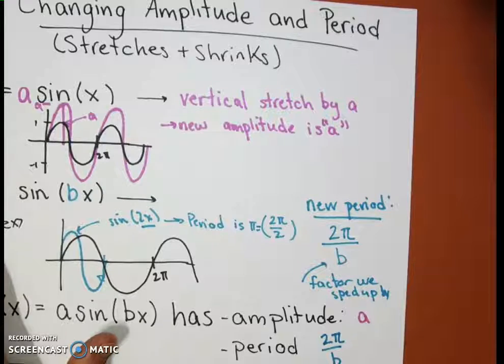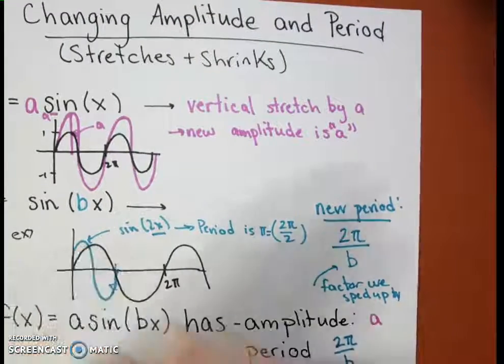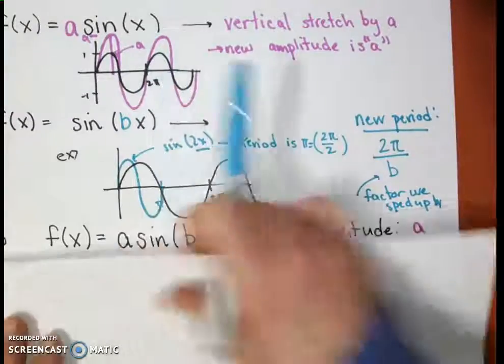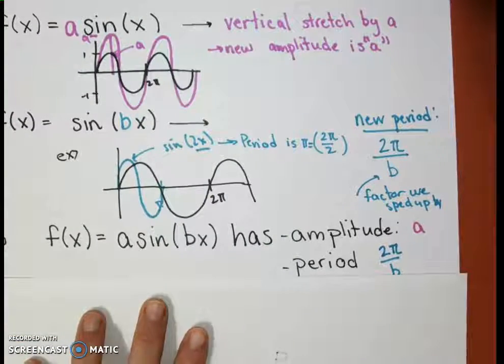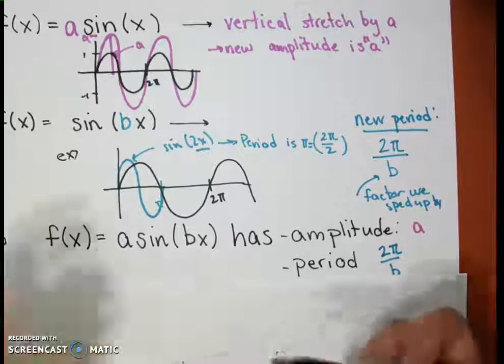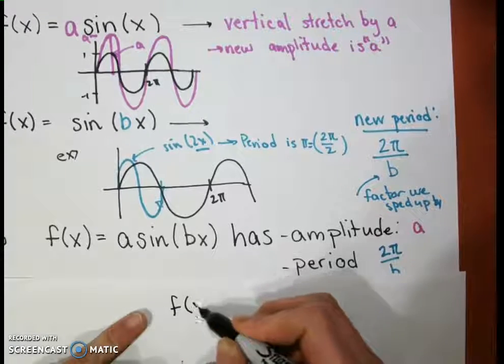So we'll look at just one more example. Let's say I have the function, and this works for cosine too. So let's look at it for cosine.